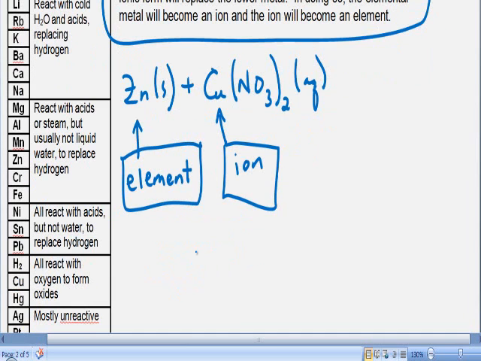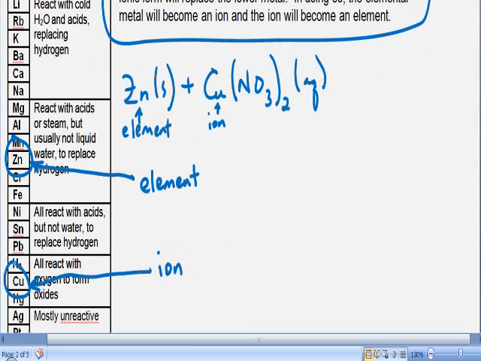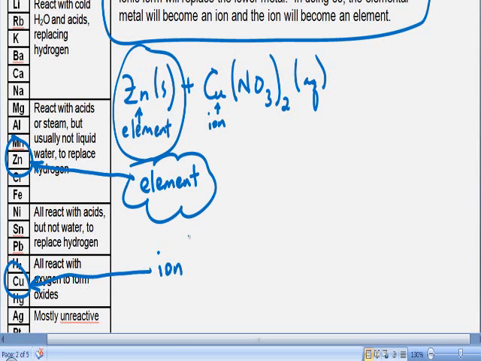Looking at the activity series, we want to find both zinc and copper. Here we have zinc, and here we have copper. In this particular circumstance, our element in the reaction, which is elemental zinc, is higher up in the activity series than our ion in the reaction, which is the copper 2 plus ion.